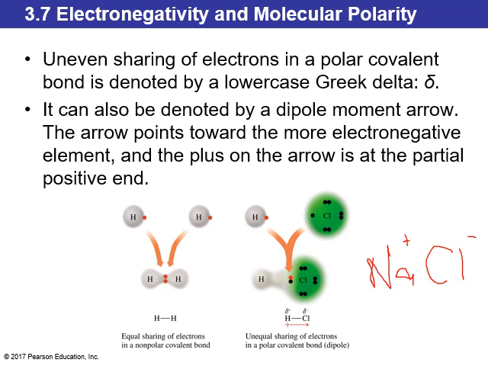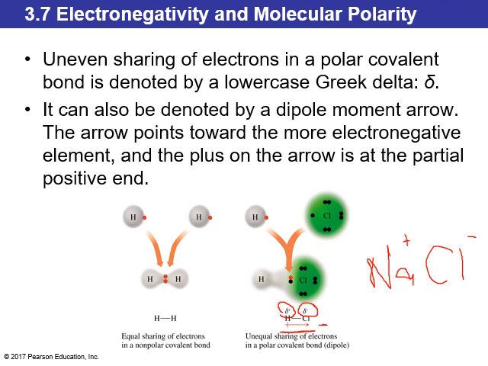So we use this Greek delta symbol to represent that this is a partial charge. So you can have a partial positive charge on the hydrogen and a partial negative charge on the chlorine. We'll also use this funny looking arrow with a cross here. So this arrow shows us the direction in which the electrons are moving. And that helps us show where the pole is.